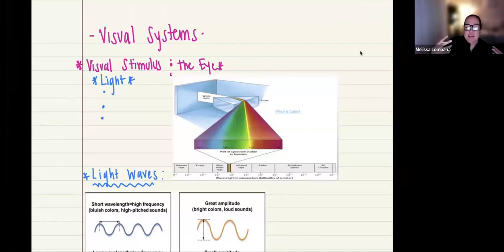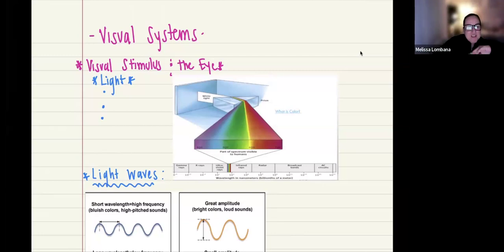Light technically is a form of electromagnetic energy that can be described in terms of wavelengths, okay? Now, these light waves, or wavelengths, travel through space in our environment. So technically, if our eyes didn't work the way they do, we would literally see these wavelengths in our environment, but we don't.